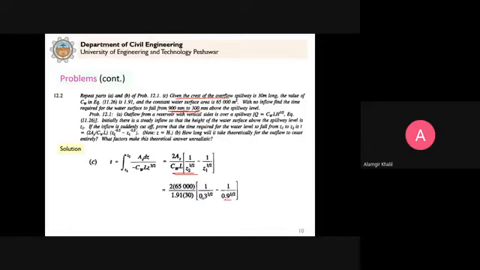Keep the units consistent. The time that we get will be 1751 seconds, or divided by 60, 29.2 minutes. So this much time it will take for the water level to change from 900 millimeter to 300 millimeter.